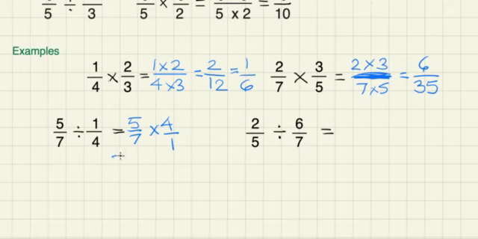Now this equals, draw the dividing line, 5 times 4, 7 times 1 is 7, and 5 4s are 20, over 7.